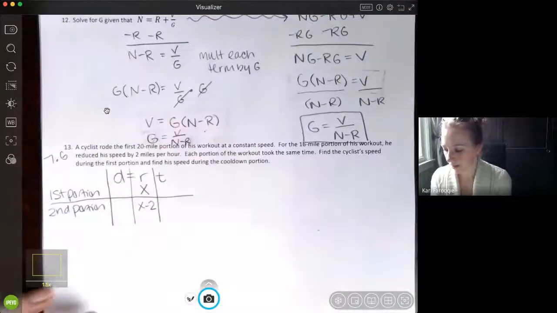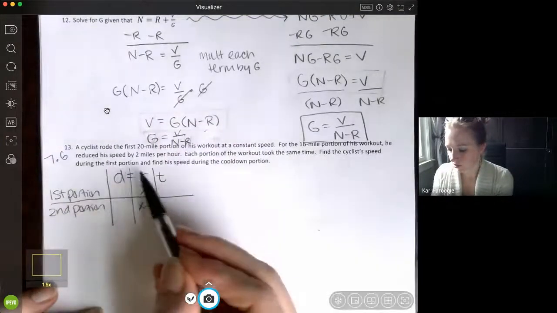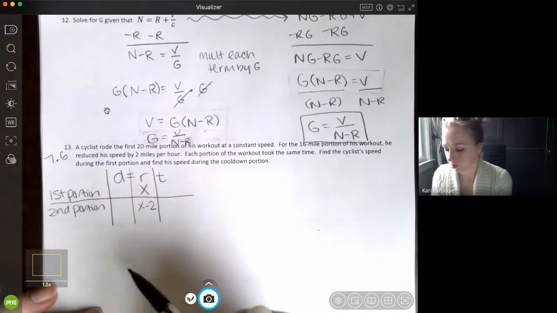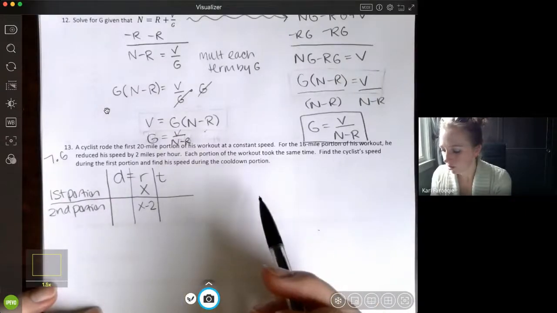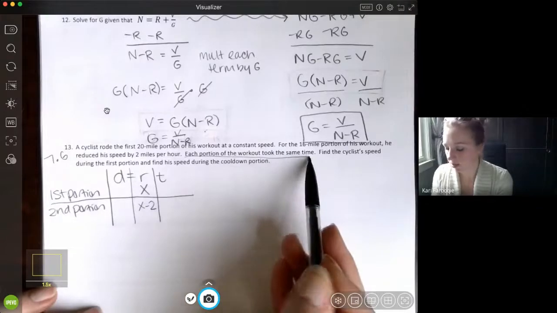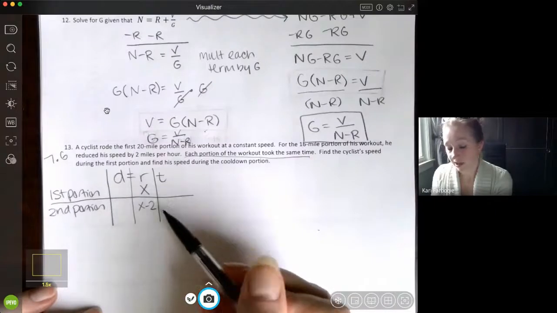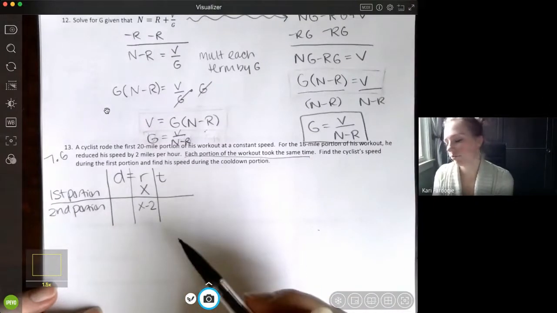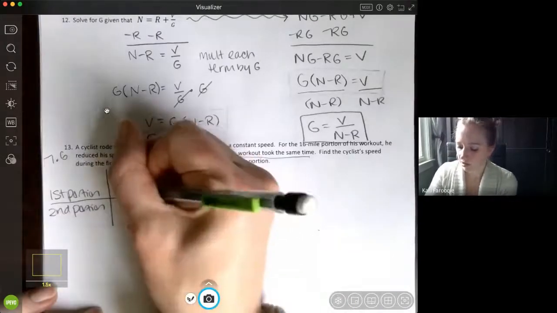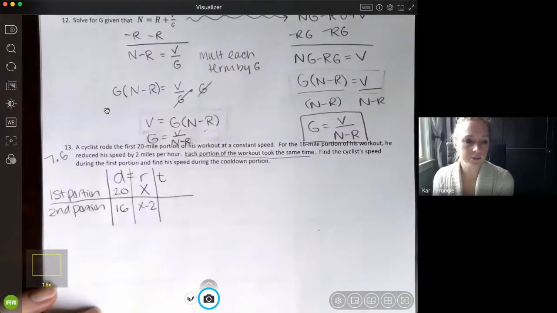Now remember, your question is going to lead you to your variable. Find the cyclist's speed during the first portion, that's your x, and find the speed during the cool down portion. You're also given some information about the fact that each portion of the workout took the same time. That means that you need to find the time that he was cycling in the first portion and set it equal to the time that he cycled in the second portion. You know that the distance for the first portion was 20 miles, and the distance for the second portion was 16 miles.